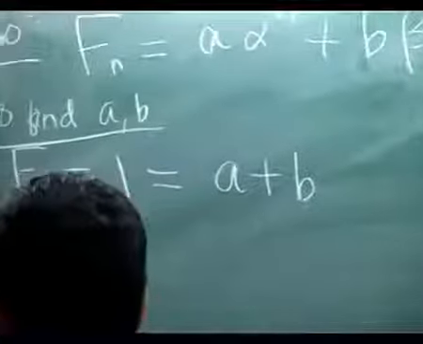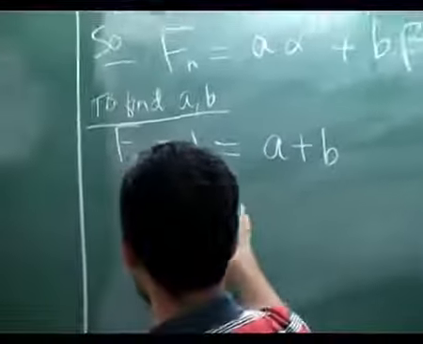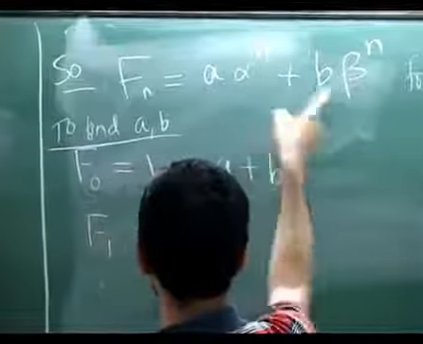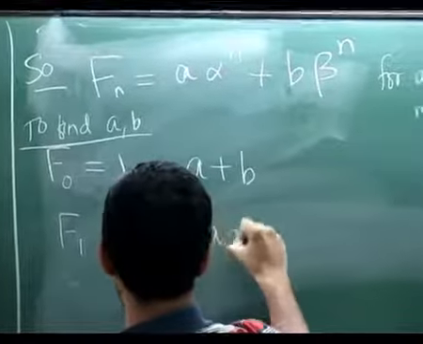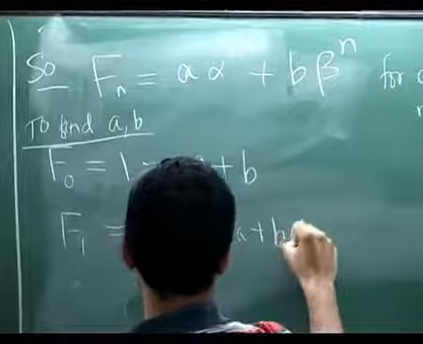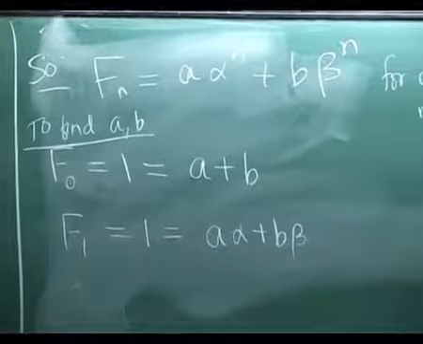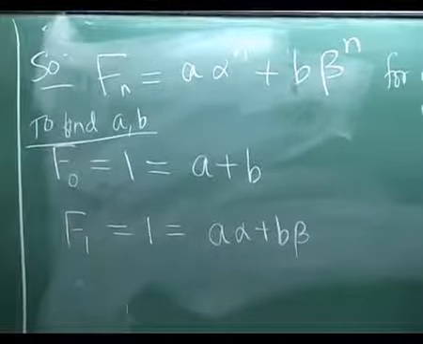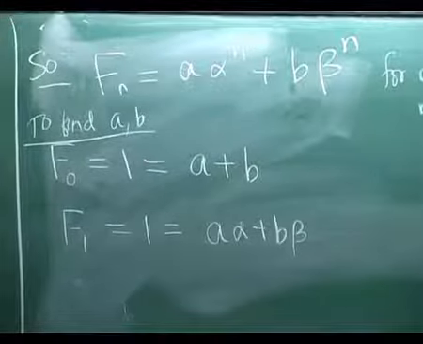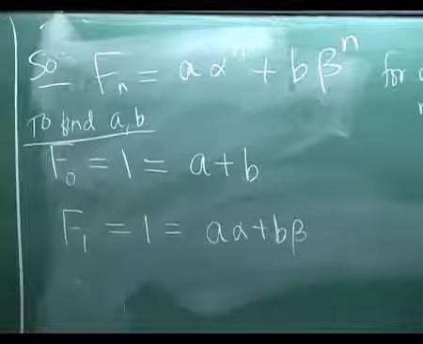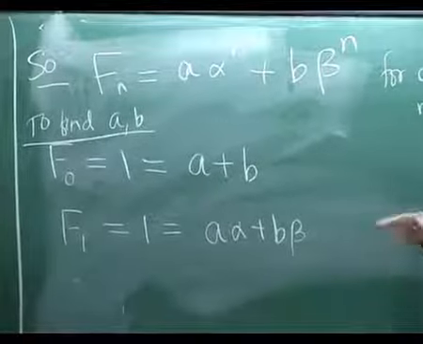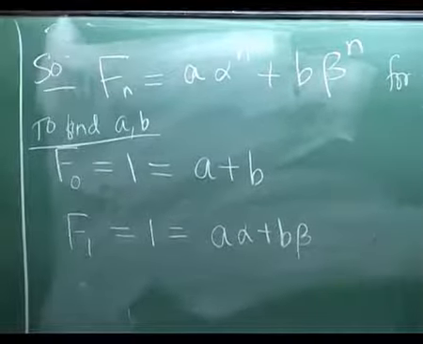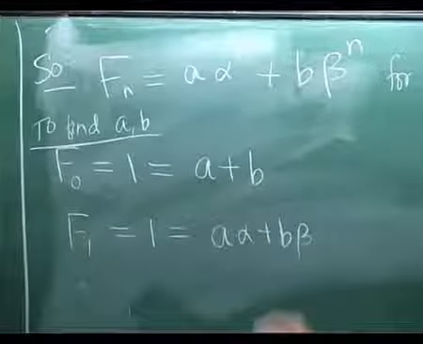Now if you put n equal to 1, again F1 is 1, but this formula becomes A alpha plus B beta. So A and B are two numbers which satisfy these two equations: A plus B is 1, A alpha plus B beta is 1. From these two equations let's solve for A and B.